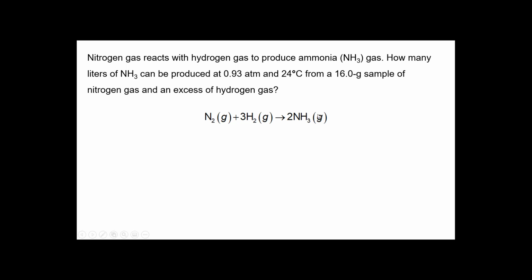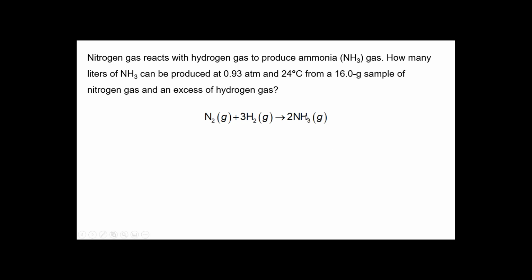We're interested here in the volume of this ammonia gas, and it's got to be in liters. But before we can do that, we're going to have to work on this chemical reaction, because we don't have any information about ammonia.